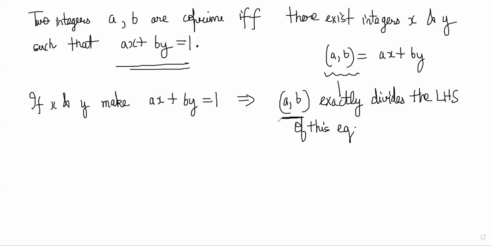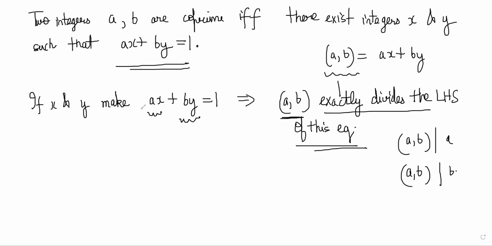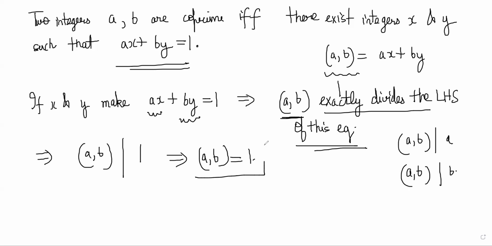Because the GCD of A and B divides A and the GCD of A and B divides B. So it is dividing this term and it is dividing this term, so it should divide the combination of those two terms under addition. So the GCD of A and B should also divide 1. From here we conclude that the GCD of A and B must be equal to 1, so it is a co-prime situation happening here.